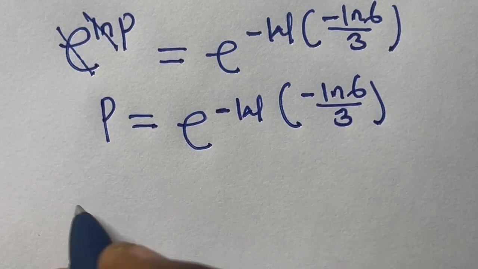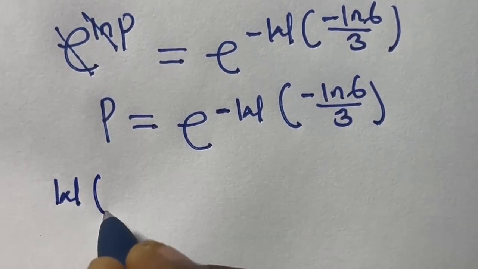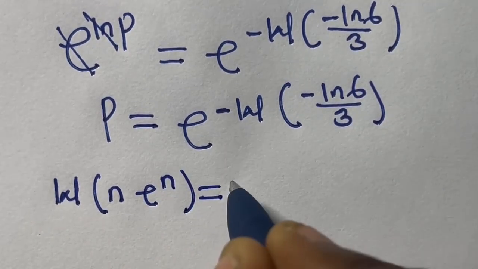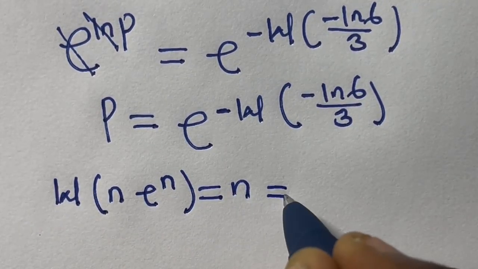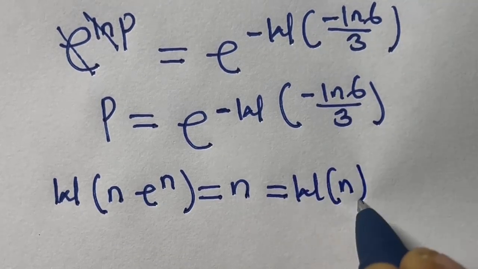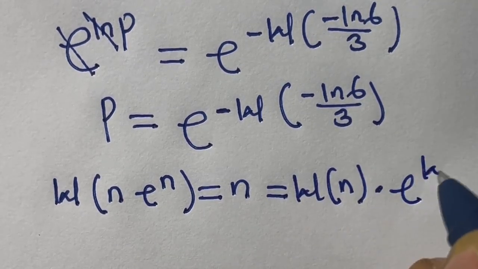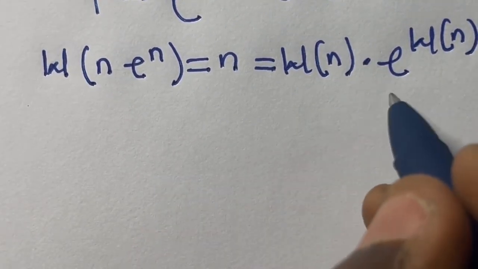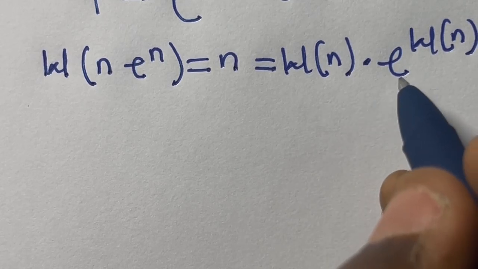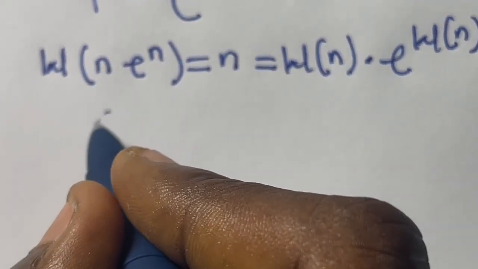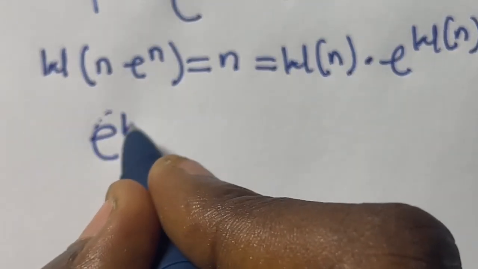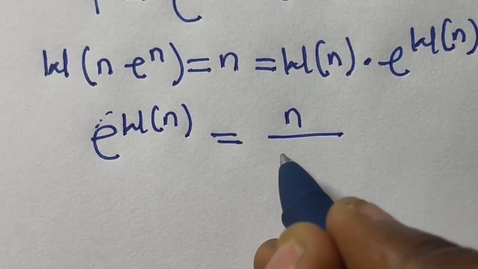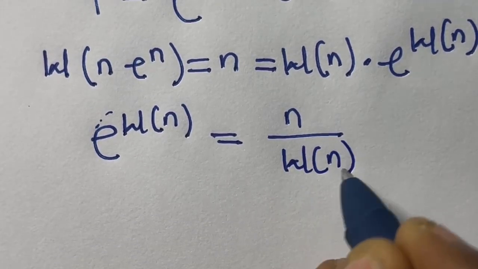But recall that I said earlier that if you have the Lambert function of n exponential n, this is equal to n. And this is equal to the Lambert function of n multiplied by exponential the Lambert function of n. So this implies that exponential the Lambert function of n equals n divided by the Lambert function of n.